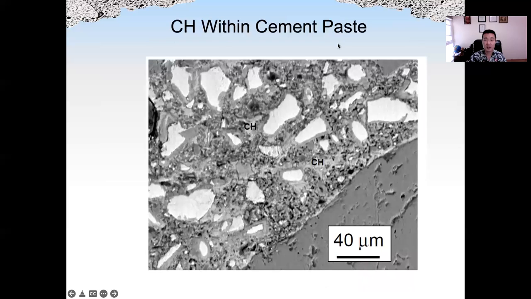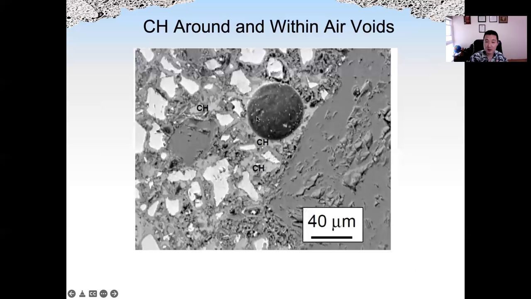Okay, so there's a crack here. And here shows calcium hydroxide within cement paste. Okay, so calcium hydroxide can occur not only in the ITZ, but also in the ground mass within the cement paste, such as here and here. It can even be found within air voids. So this round, big black area is an air bubble.